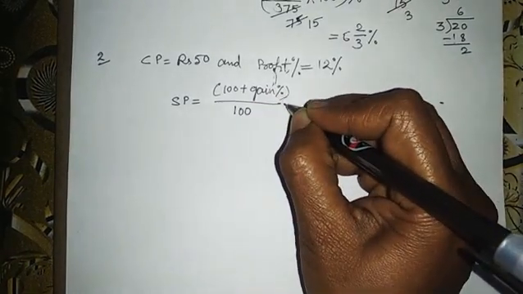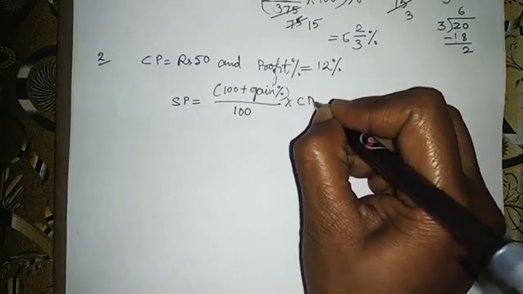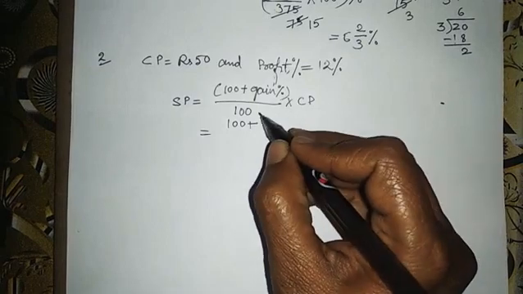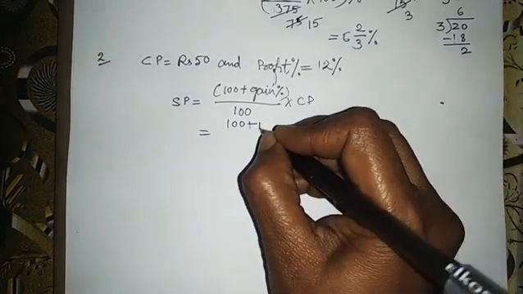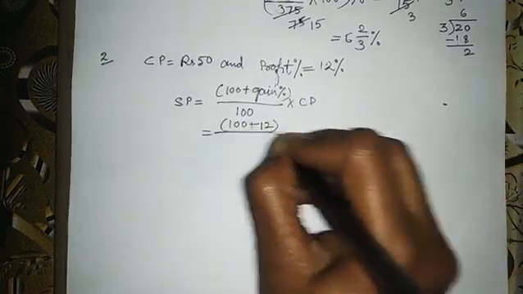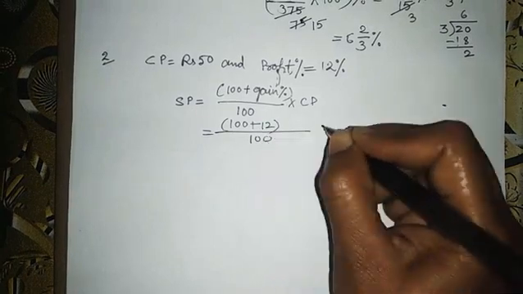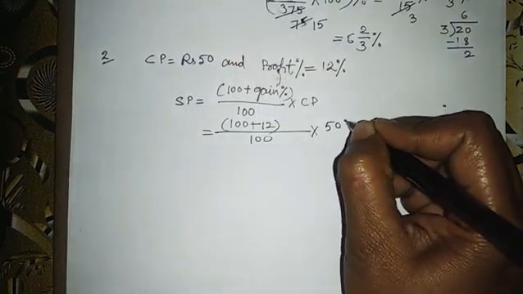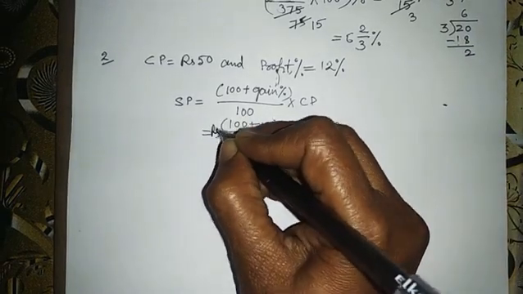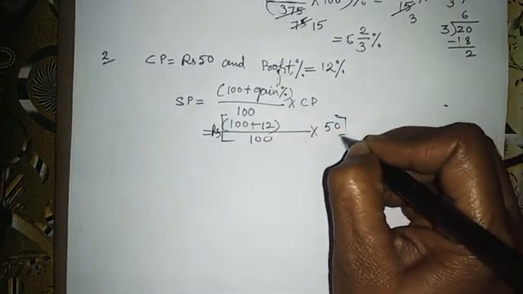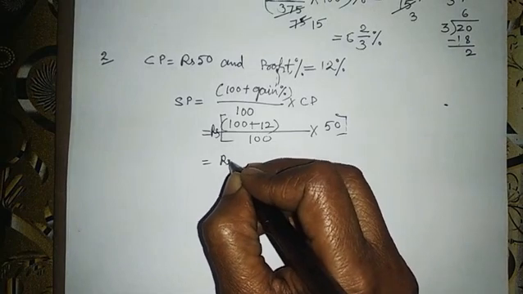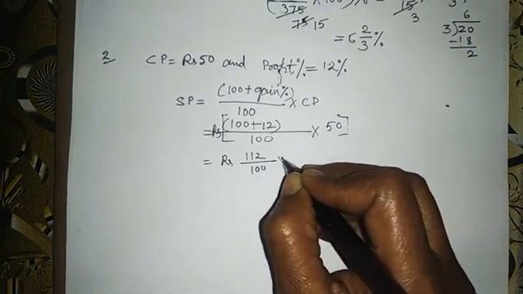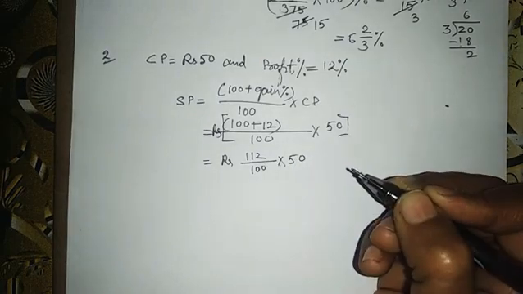And 100 plus gain percent or profit percent is 12. Here 100 into CP is 50. So now we will calculate this. Here rupees 112 upon 100 into 50.